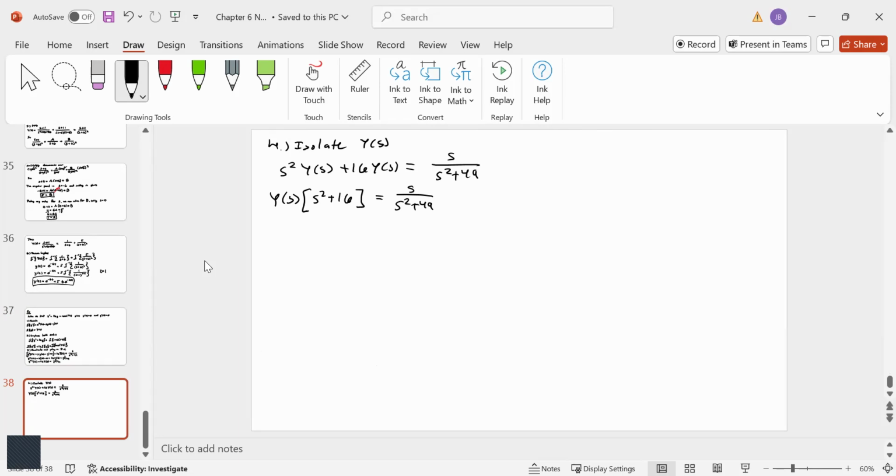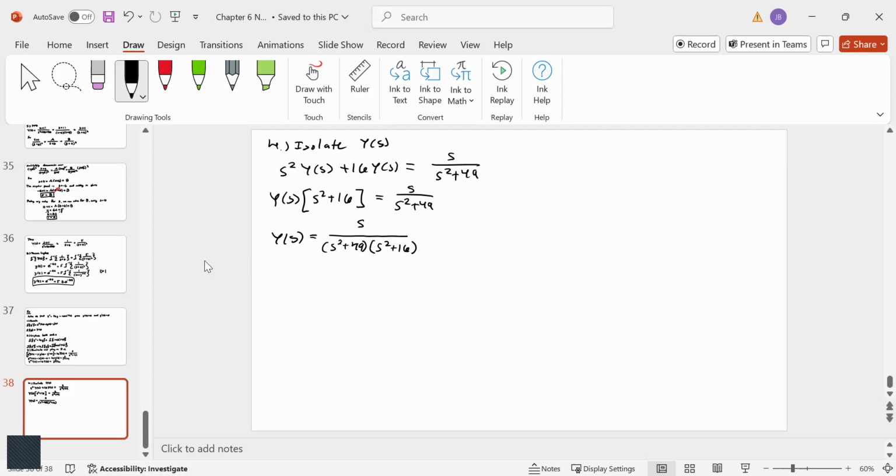Remember, when you divide over stuff, it just goes into the denominator, usually. So s over s squared plus 16 times s squared plus, well, that should be 49. Let's put that one first. Doesn't matter, but just for the sake of consistency, like that.